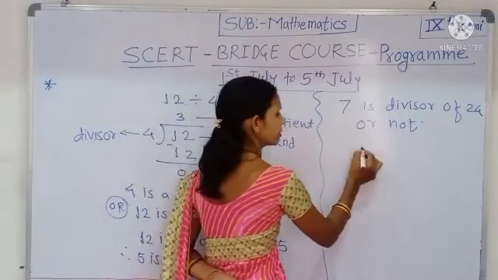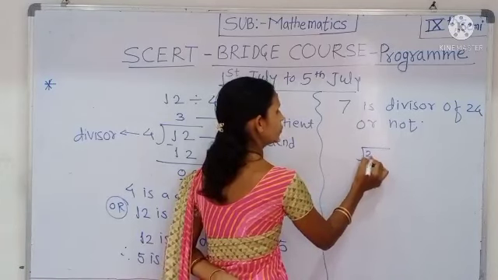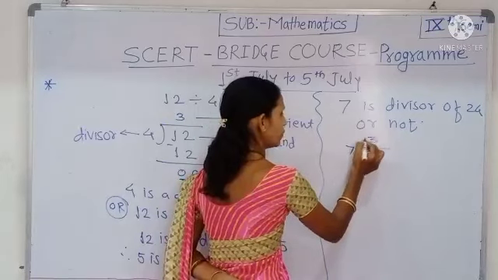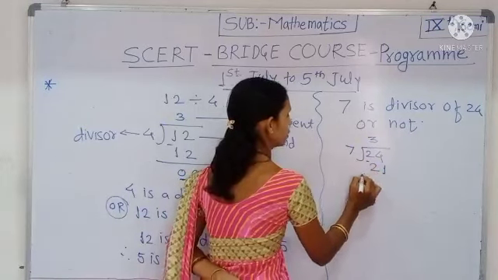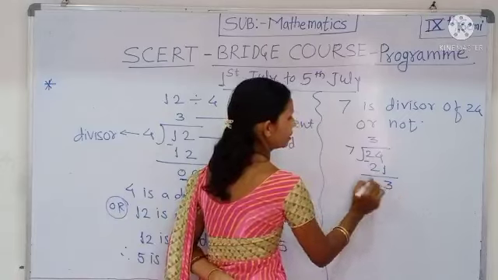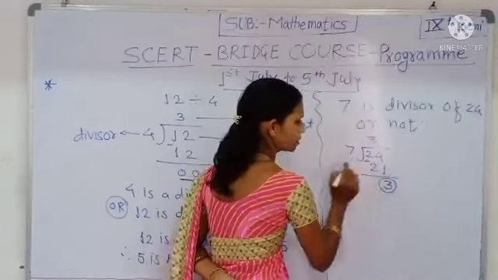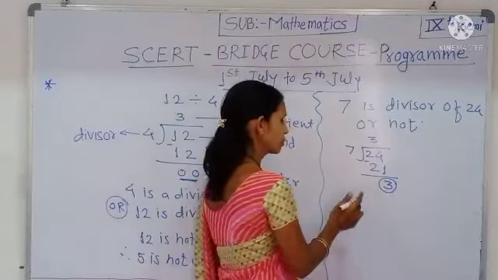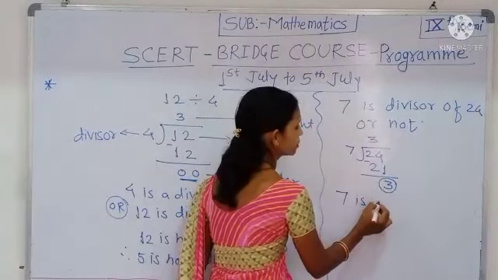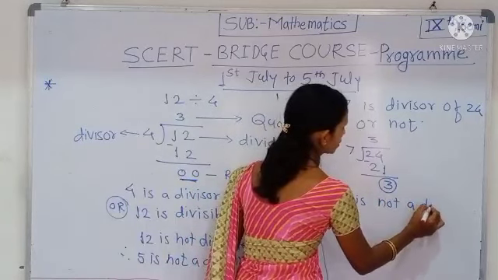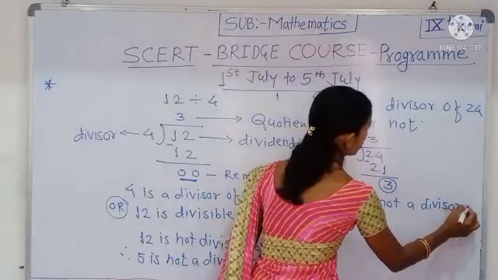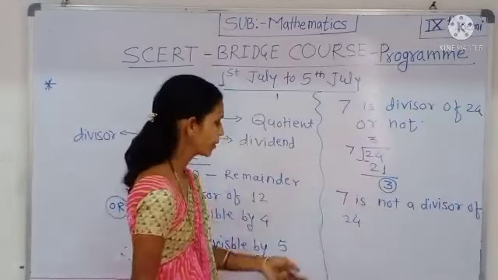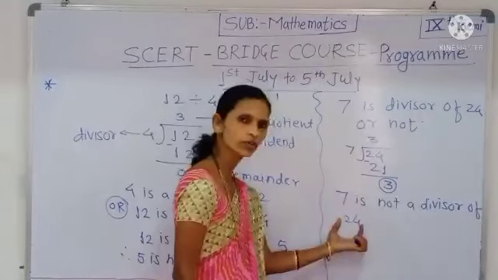Then see here, if 24 is divided by 7, 7 3s are 21, then remaining 3, here the remainder is 3, that means it is not 0. Therefore 7 is not a divisor of 24. Then what are the divisors of 24?